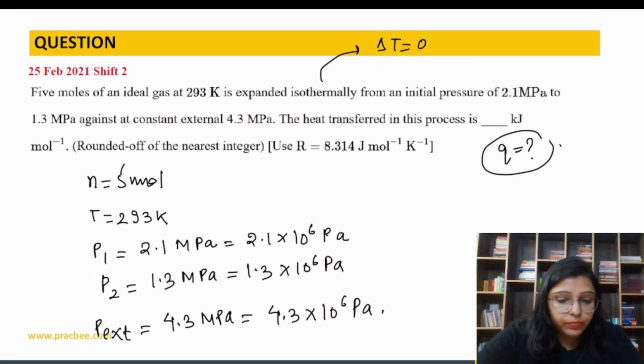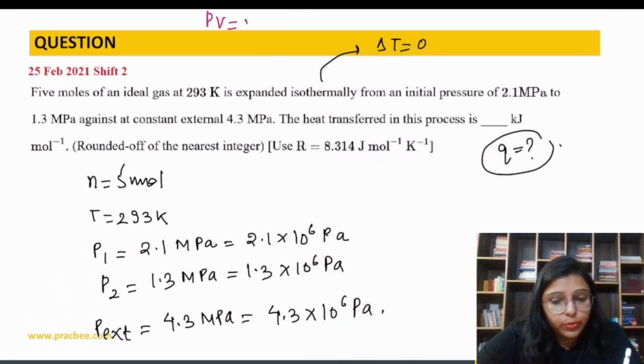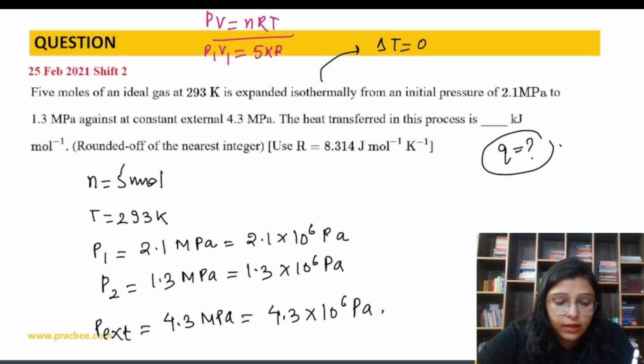Simple. We know that PV is equal to nRT. So P1 V1 is equal to n, 5, R and temperature 293. So V1 is equal to 5RT upon P1.